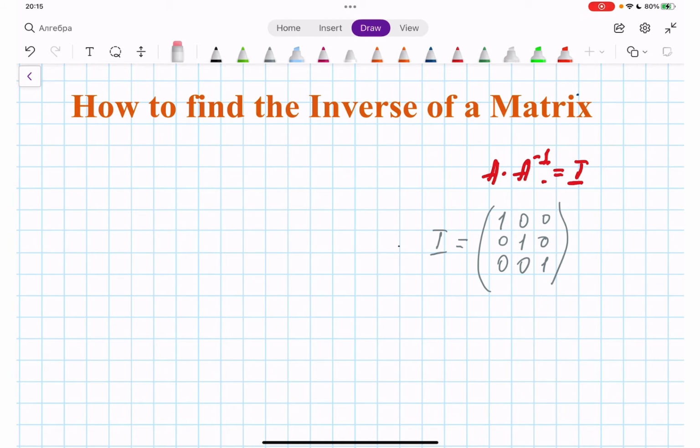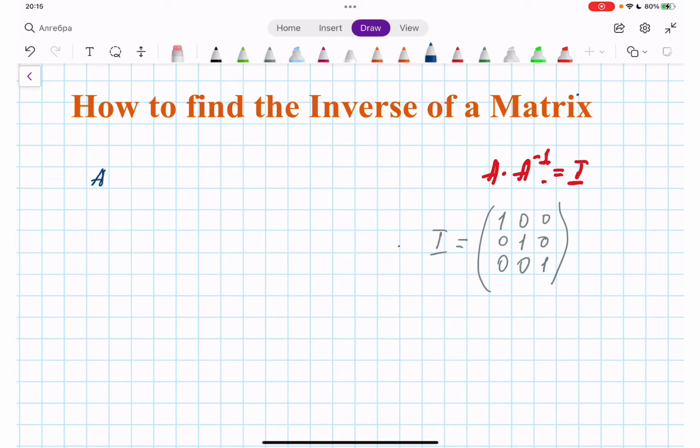So, there are two main methods for finding the inverse of a matrix: using algebraic complements and using elementary transformations. We will go over algebraic complements. That's the easiest one. Let's start by considering matrix A as a square matrix.